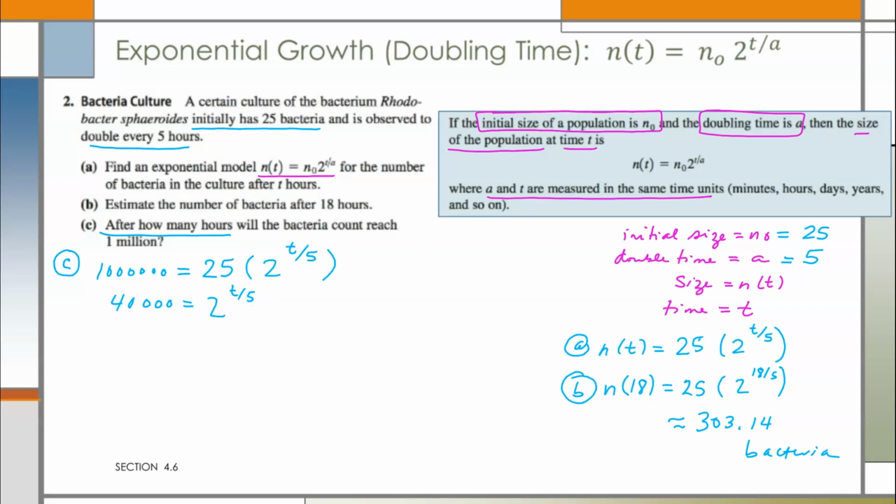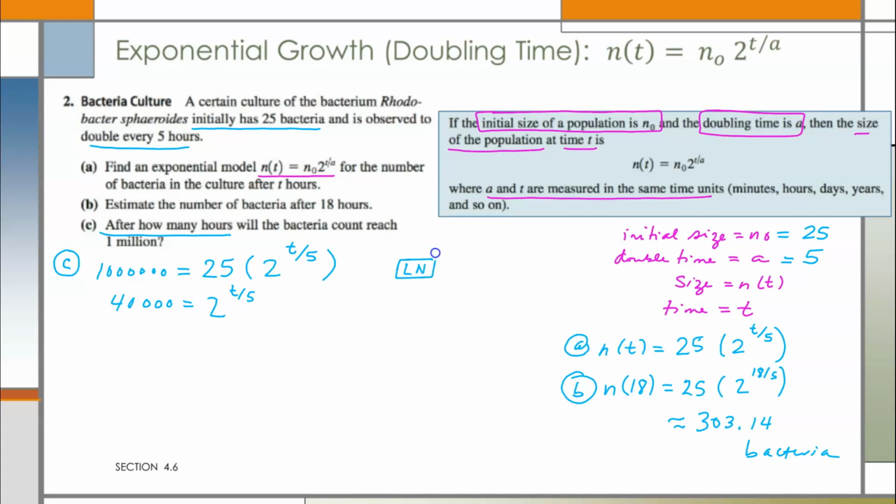Now we have an exponential function. How do we know we have an exponential function? The variable is in the exponent. How do I undo an exponential? I undo an exponential with its inverse. What's the inverse of an exponential? A logarithm. Now we're going to have to use our calculator to calculate, so we're going to logarithm both sides, but we're going to choose a base that our calculator does.